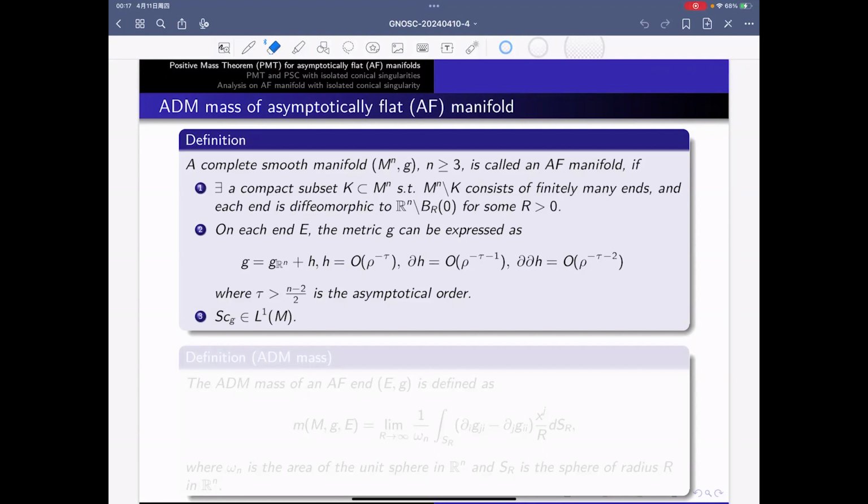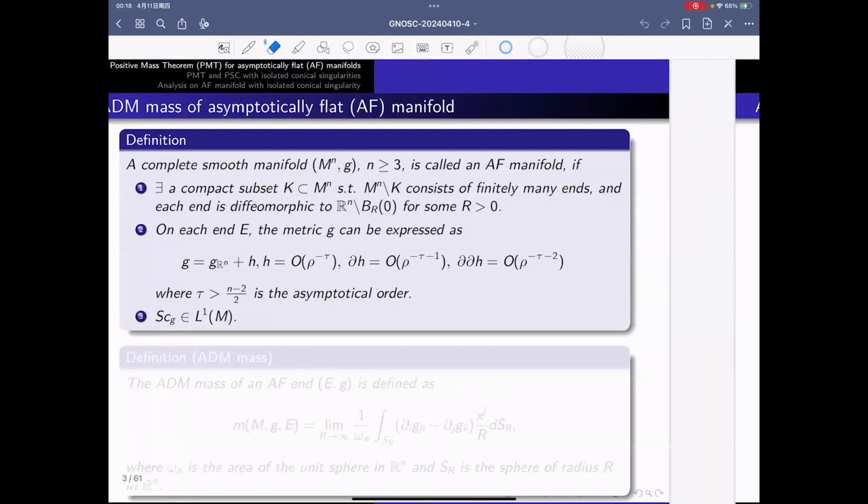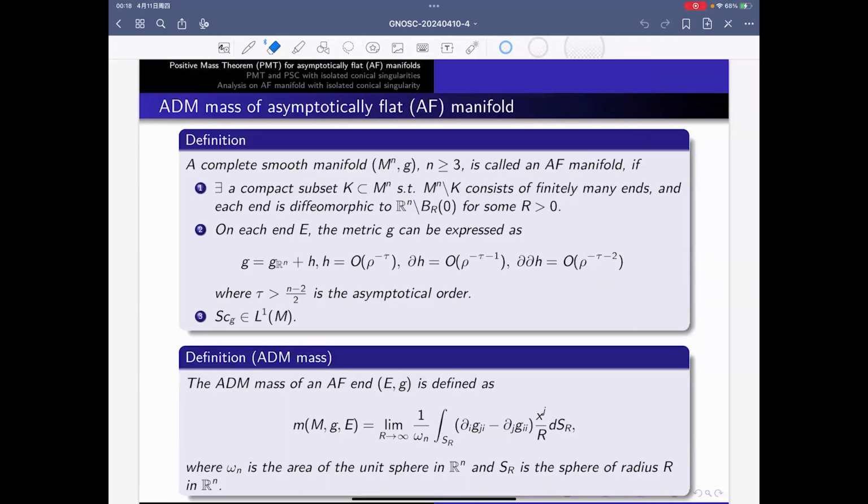So we also assume the scalar curvature to be L1 integrable. And under these assumptions, we know the so-called ADM mass is an invariant of the metric g.